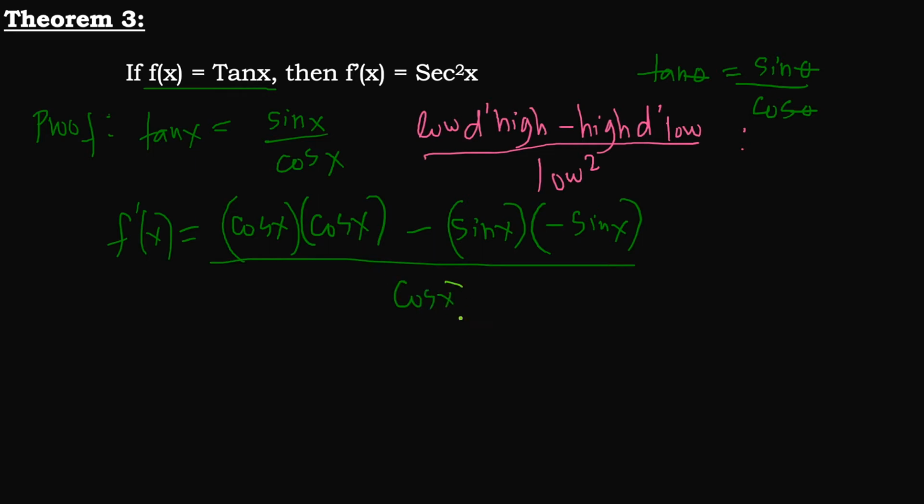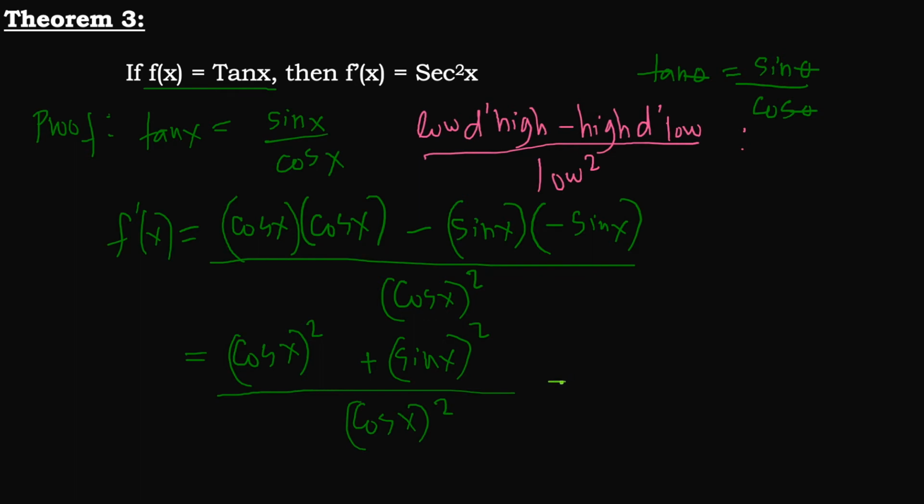cosine of x squared. Now cosine x times cosine x is equal to cosine x squared, minus sine x times negative sine x, that will be equal to positive sine x squared, all over cosine x squared.